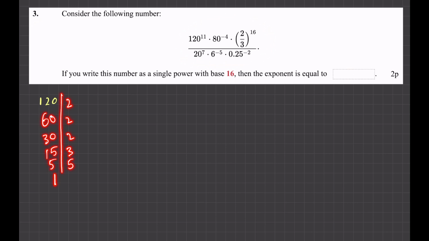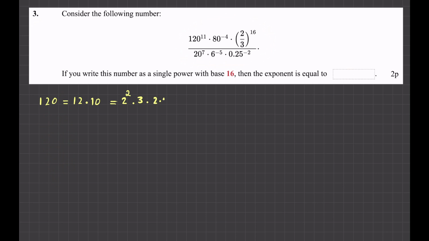Yes, this is one way, which of course is correct, but it is also good to see that 120 is 12 times 10, but you already know the factorization of 12, because 12 is 4 times 3 and 4 is 2 to the 2 times 3. So it makes it faster, okay? And then 10 is 2 times 5. Because 2 appears here and there, you combine them and then write 2 to the power of 3 times 3 times 5. So that's the factorization of 120.